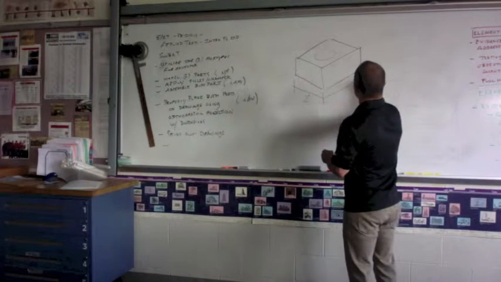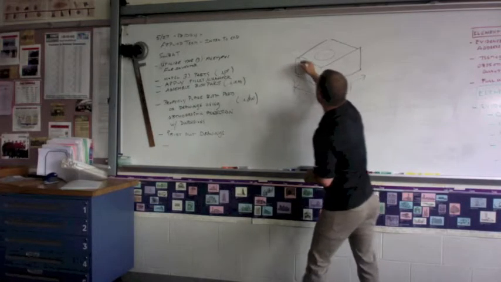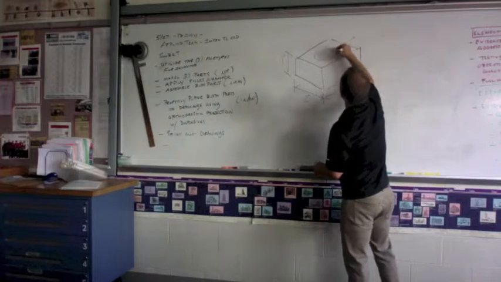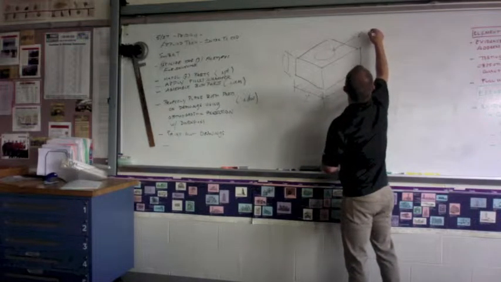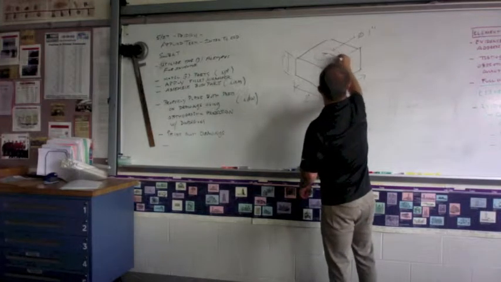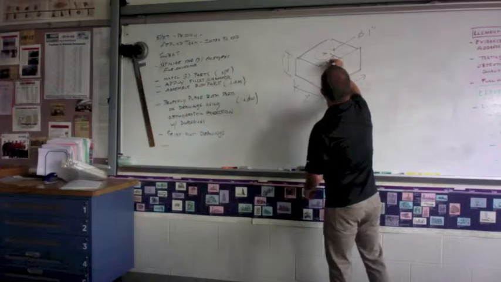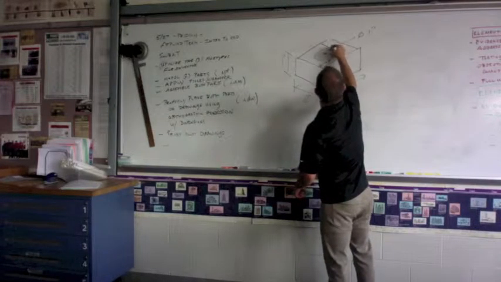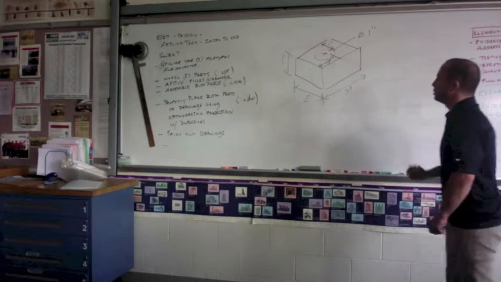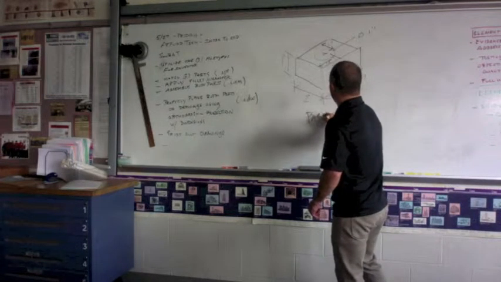We're going to actually go deeper today, 3 inches deep, and it's going to be 1 inch high. The diameter of the hole is going to be 1 inch. The center of the hole is going to be half of that, 1.5, and then half of the other dimension, so 1 inch right in the middle. So that's part 1. We're going to model quickly.